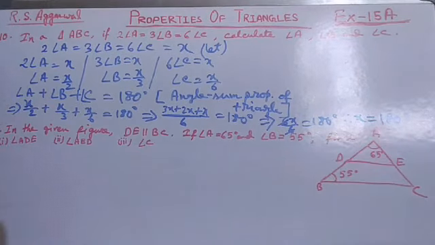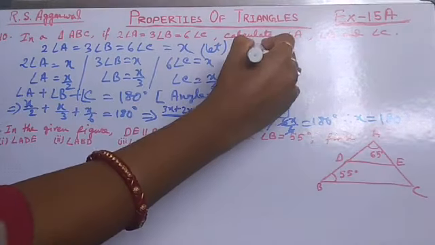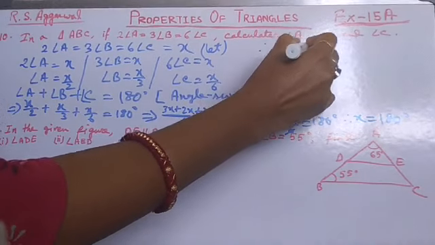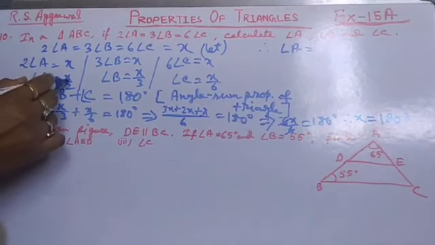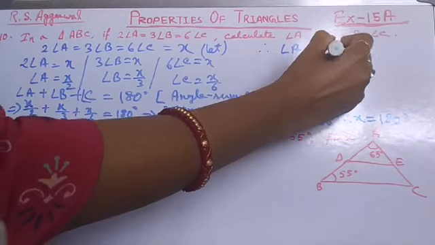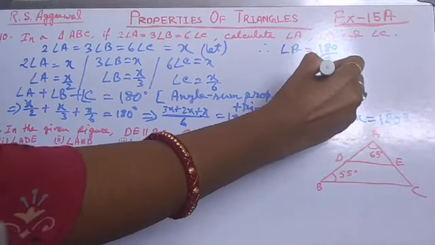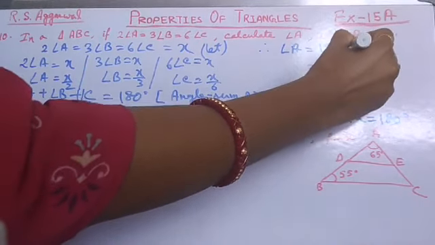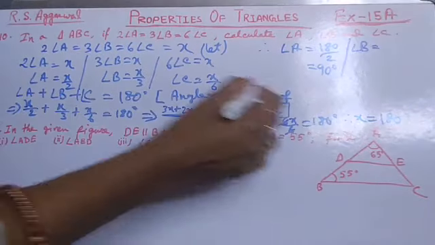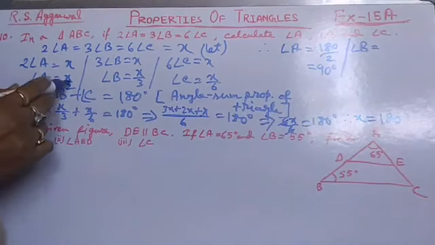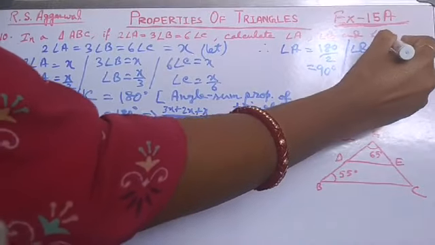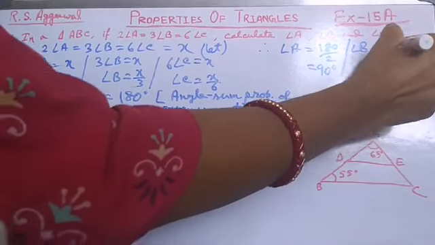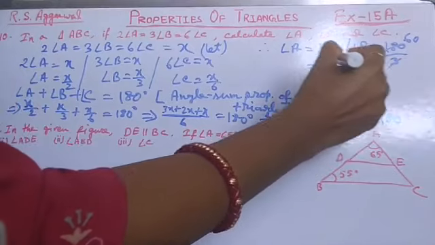Now we will find the separate angles. Therefore angle A equal to x by 2, that means 180 divided by 2, that means 90 degree. Angle B equal to x by 3, that means 180 by 3, so 60 degree.